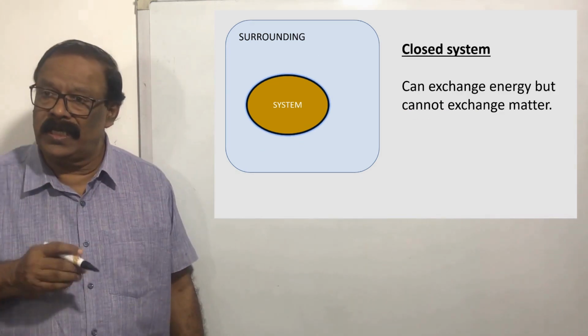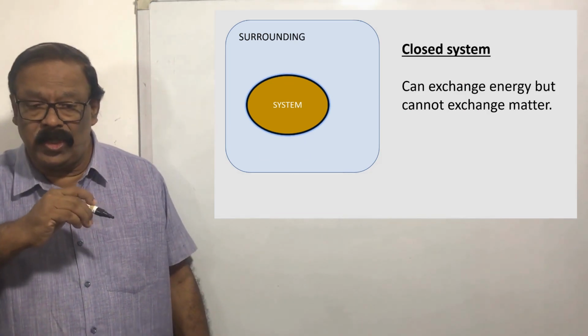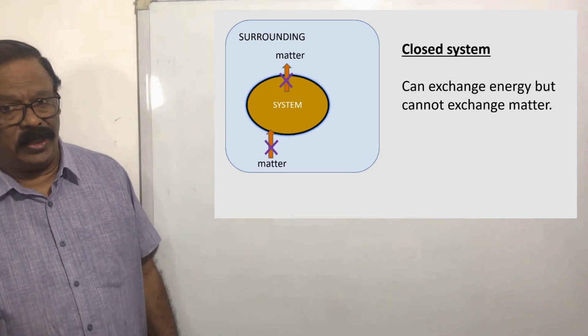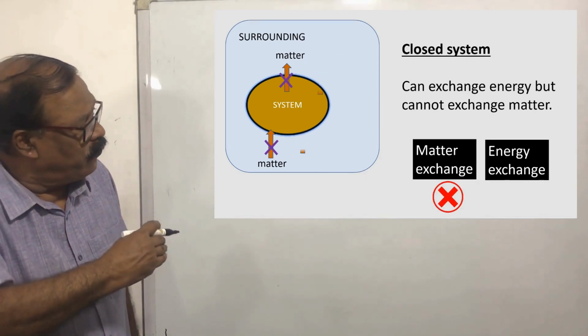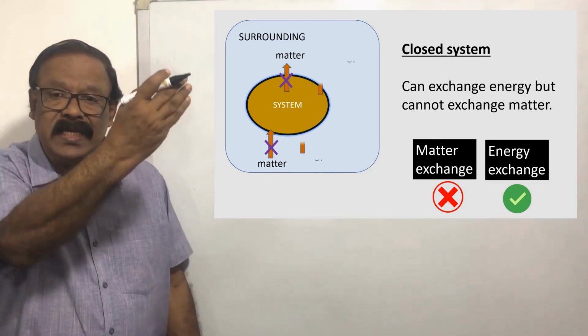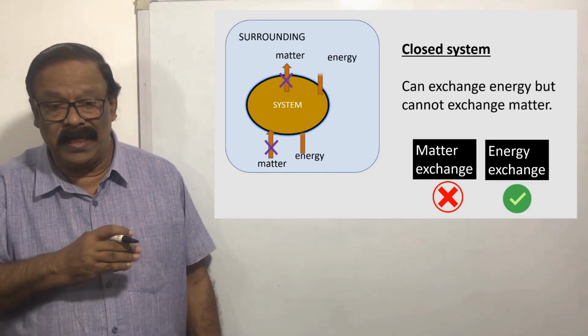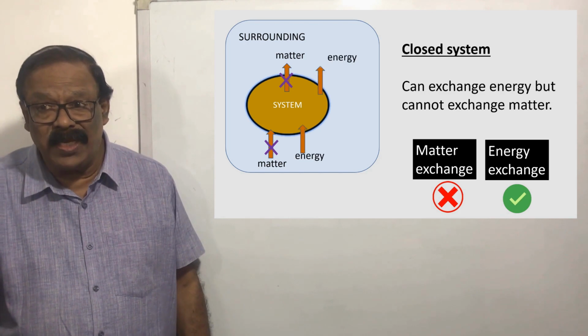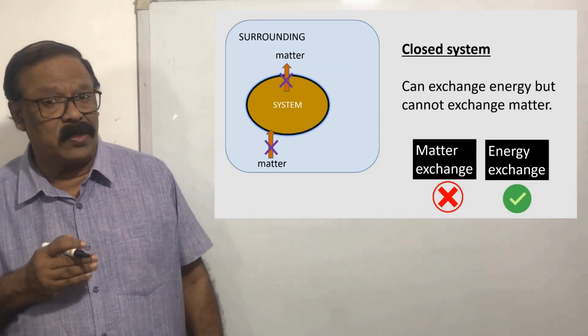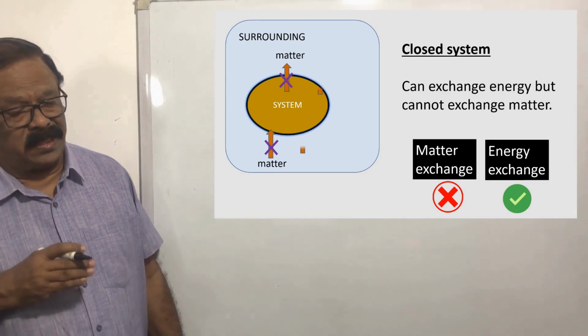In a closed system, the system can exchange energy, but matter cannot be exchanged. So energy can come from the surrounding to the system, and from the system, energy can go to the surrounding. But matter cannot be transferred between the system and the surrounding. Such a system is called a closed system.